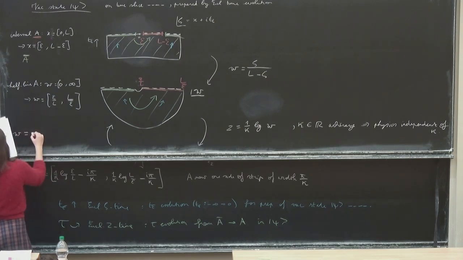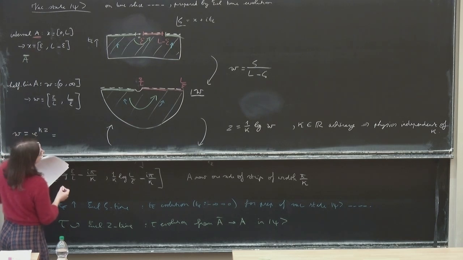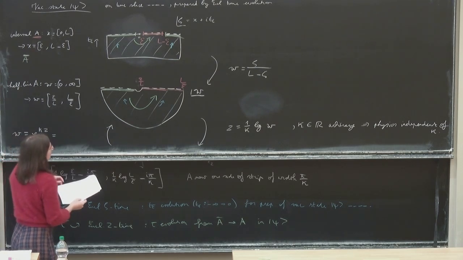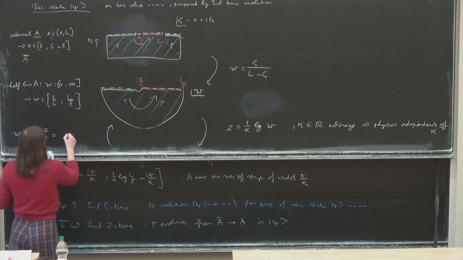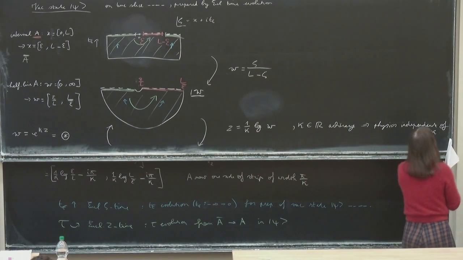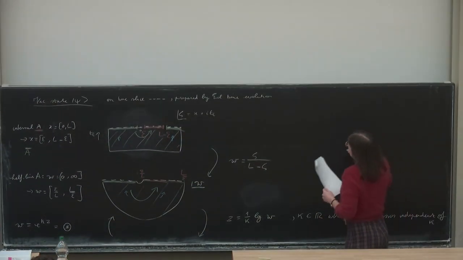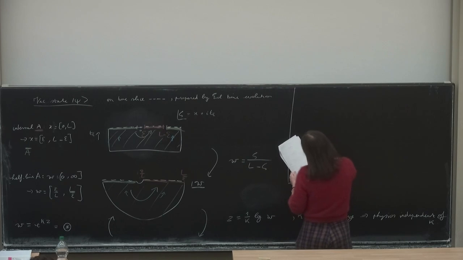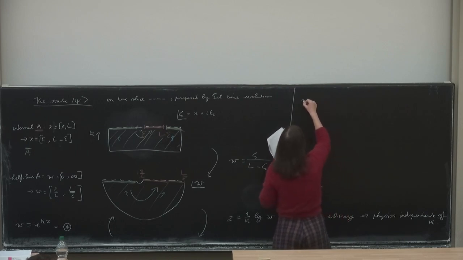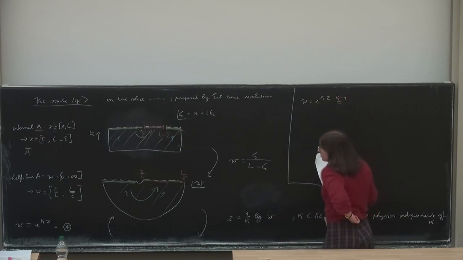So the inverse map will be W is e to the kappa Z. Okay, kappa was arbitrary, so let me first set it equal to 1.